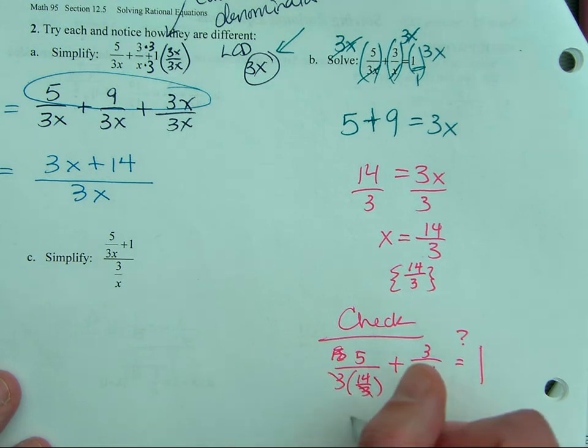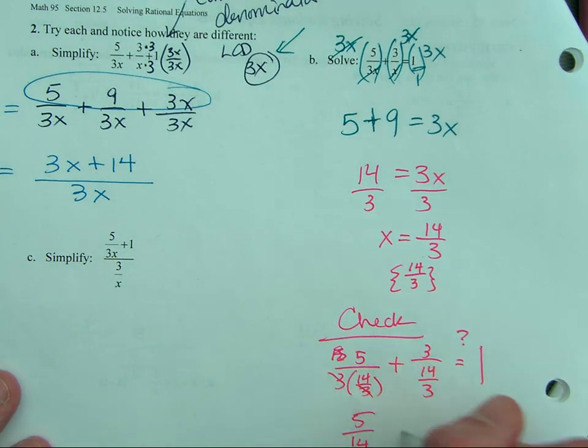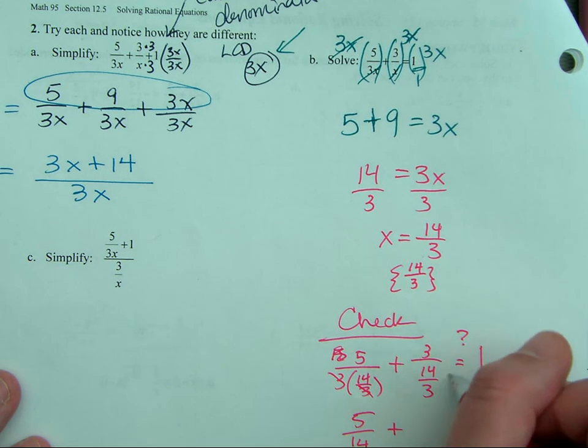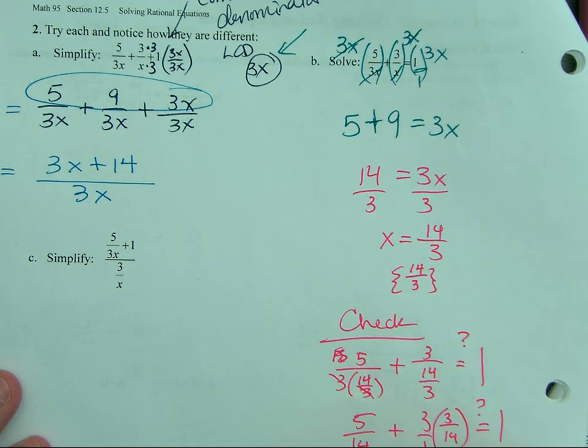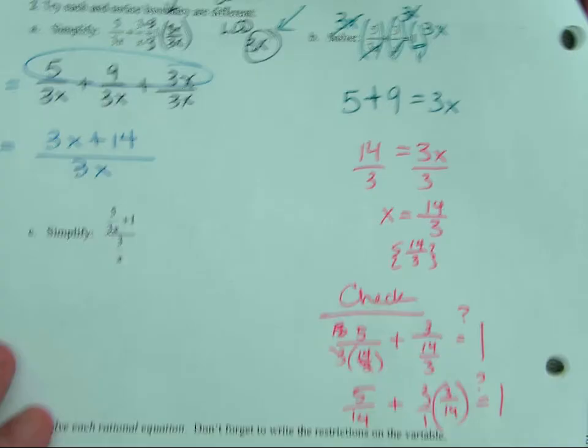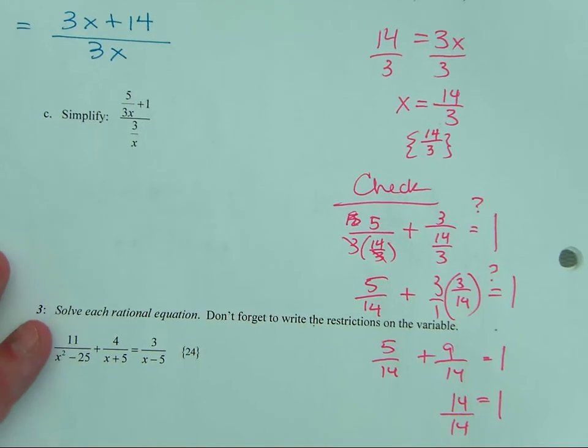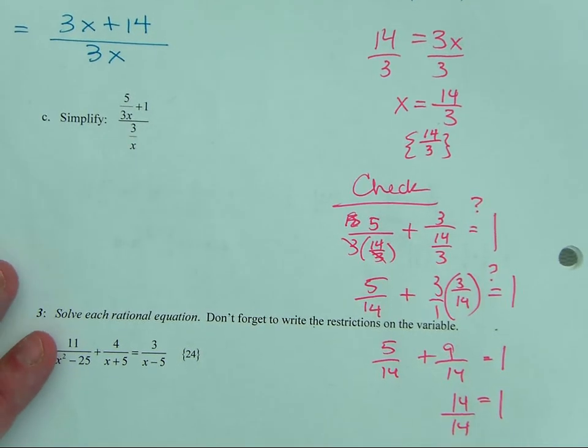The 3's cancel, leaving 5/14 plus, if I multiply by the reciprocal, I get 3 over, because I'm dividing by a fraction, 3/14. And is that equal to 1? Well, 5/14 plus 9/14 is equal to 1. 14/14 equals 1, which is true. Oops, I went off the page. Okay, so that's the difference between solve and simplify.